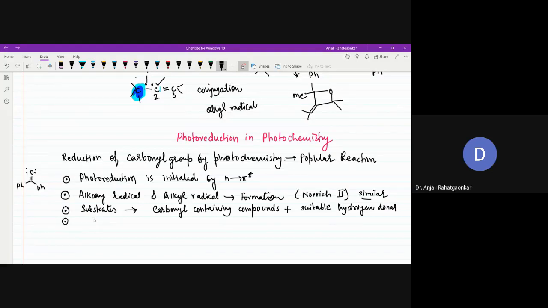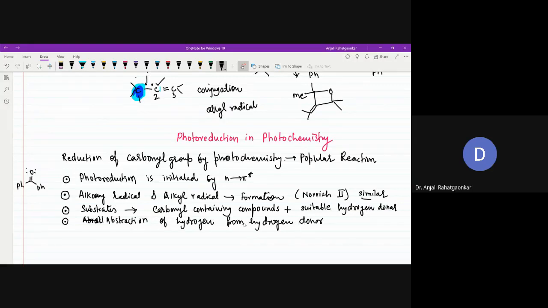And how does the reaction proceed in the forward direction? Due to the abstraction of hydrogen from a hydrogen donor. Who abstracts? Of course, the oxygen abstracts the hydrogen from the hydrogen donor. That you must understand.